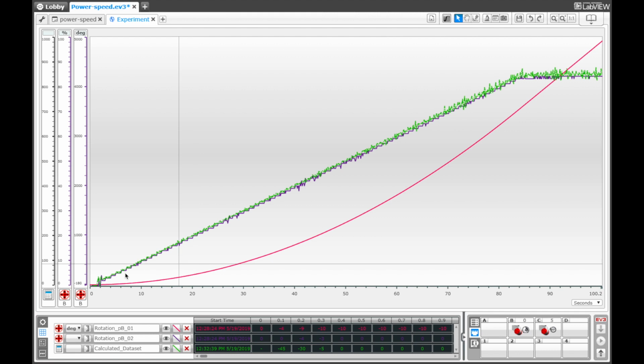Okay, what we are seeing here, the green curve, is that the speed of the large EV3 motor tops off at about 840. Can you read the data? I think I can see it here on the left side of my screen. It tops off at about 840 degrees per second.